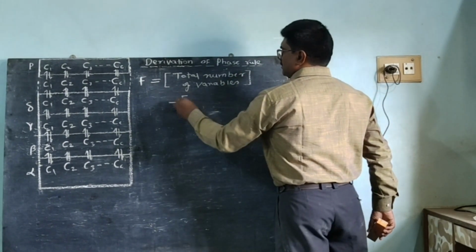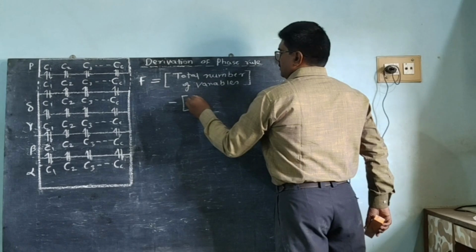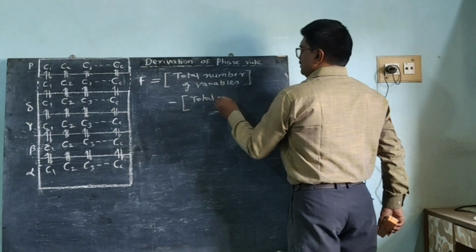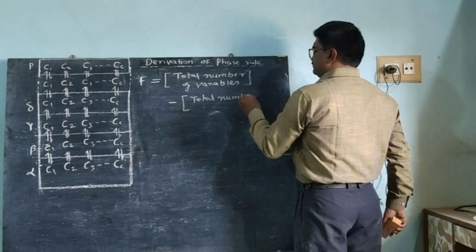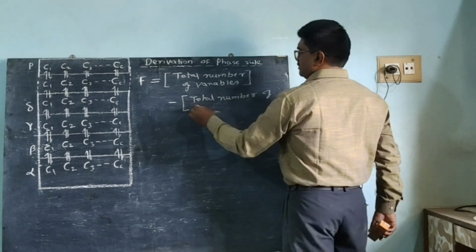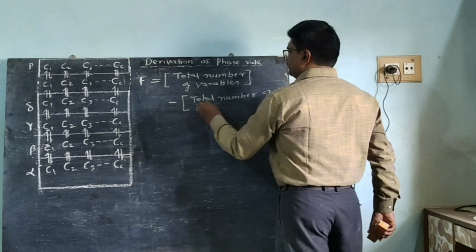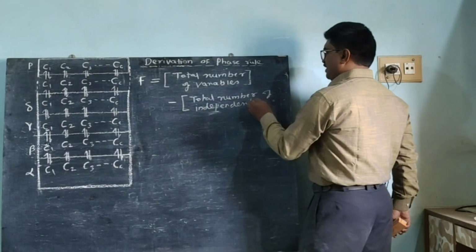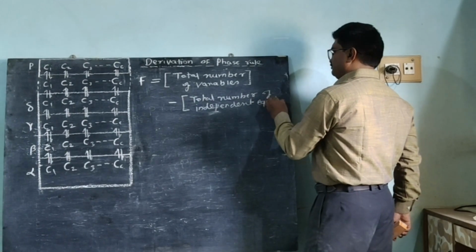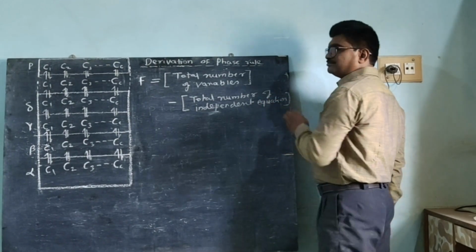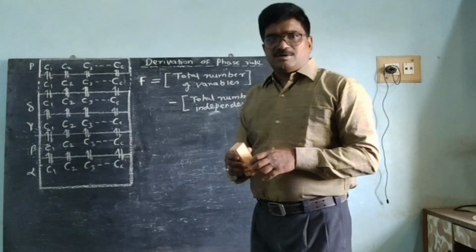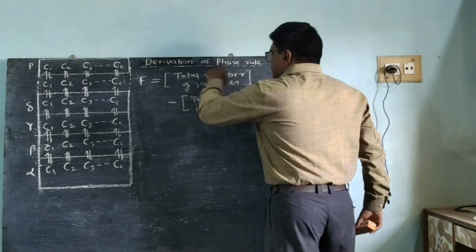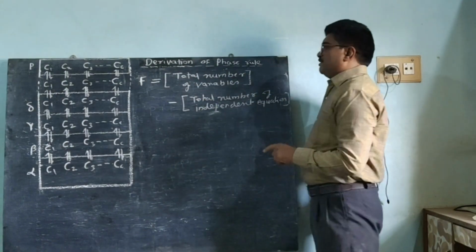minus the total number of independent equations. So let us try to calculate the total number of variables.